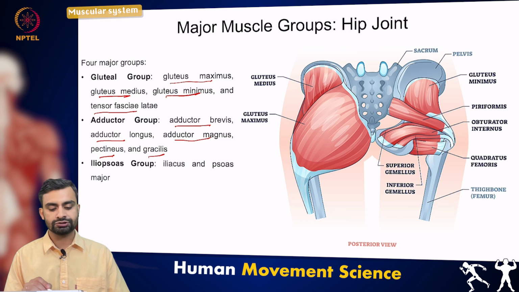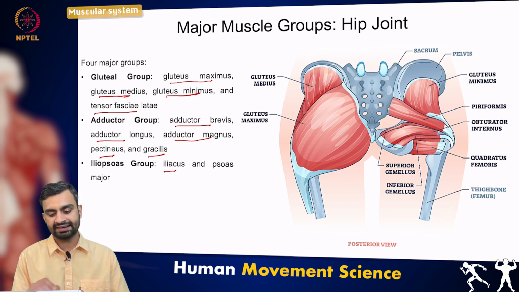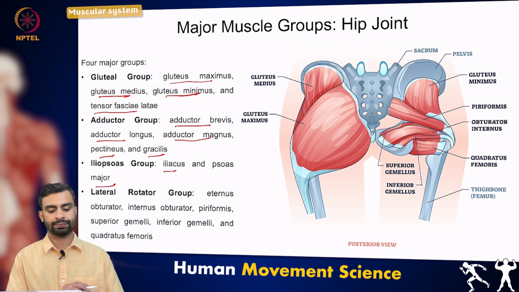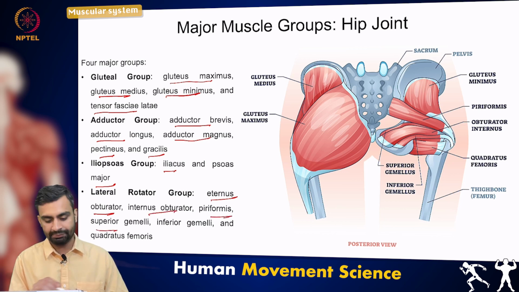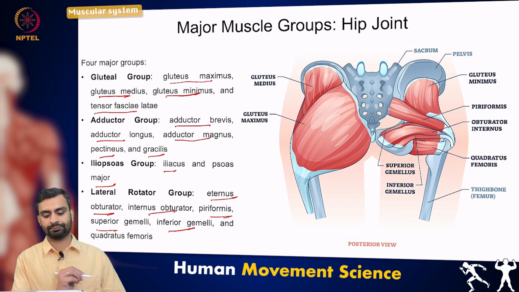The third group is the iliopsoas group, which consists of iliacus and psoas major. And finally, the lateral rotator group, which consists of obturator externus, obturator internus, piriformis, superior gemellus, inferior gemellus, and quadratus femoris.